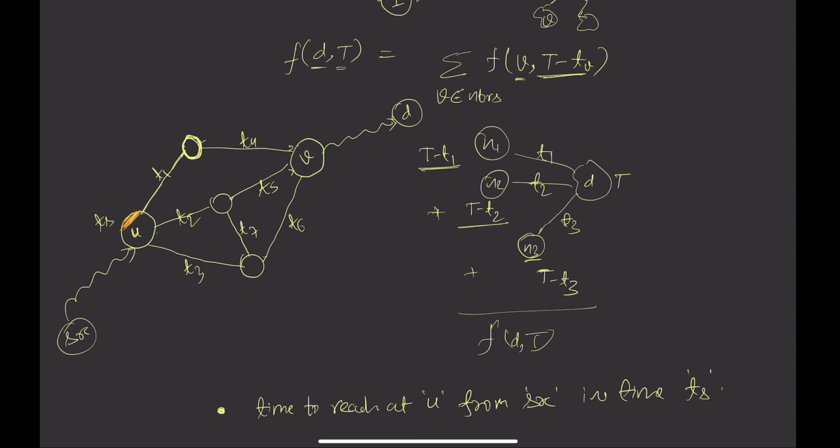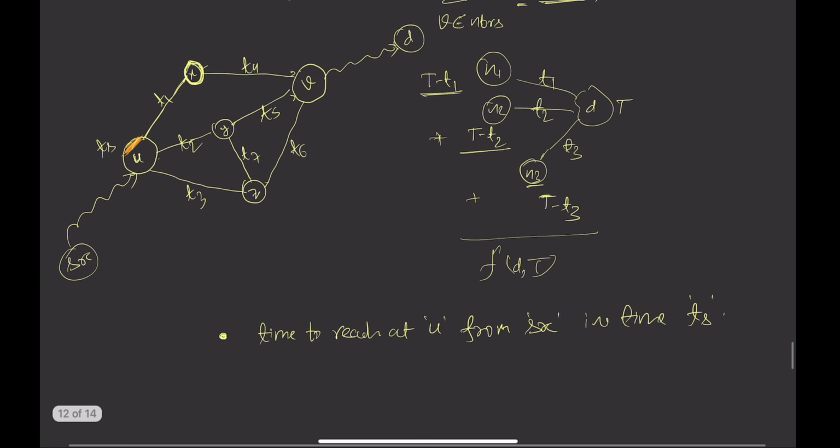I need to find the number of ways to reach this node. Let's say it is x, y, z. So the number of ways to reach the x node will be, okay, I would need to find this one also, right?